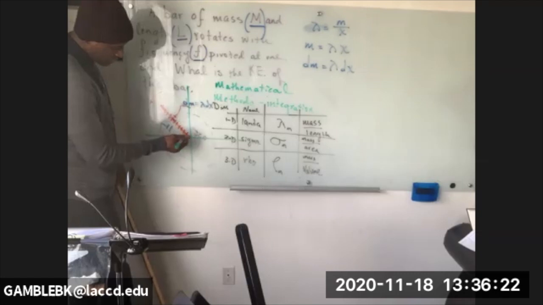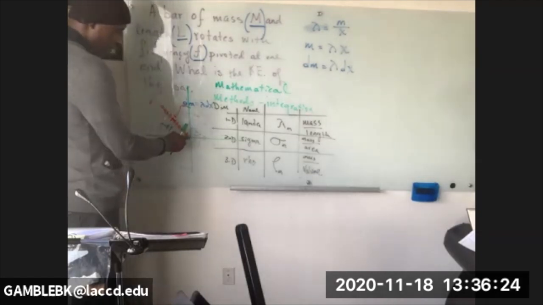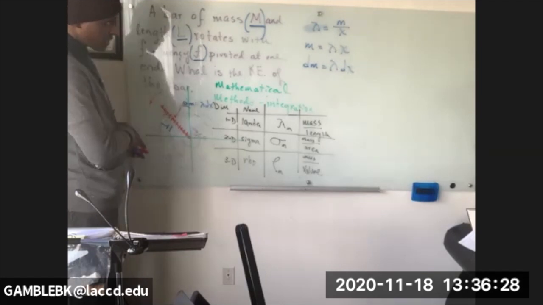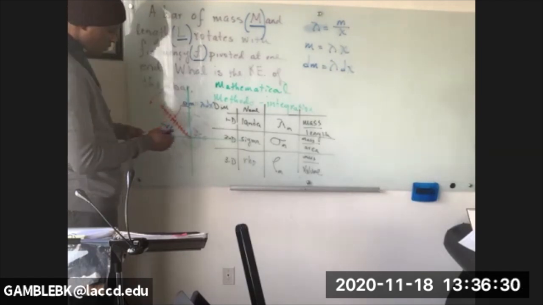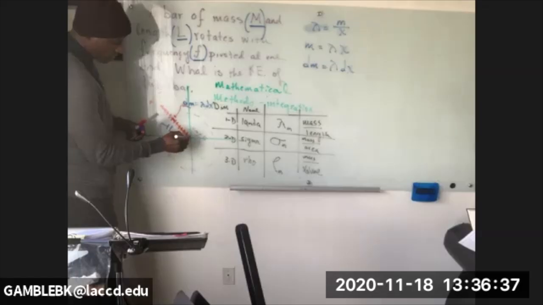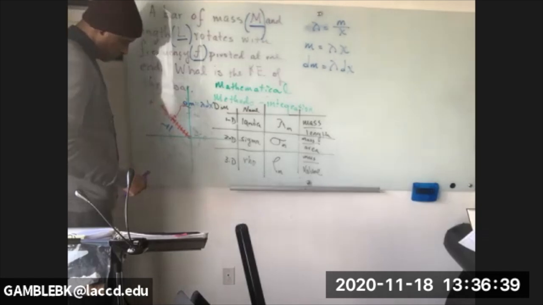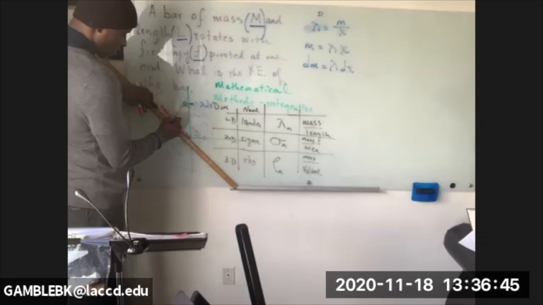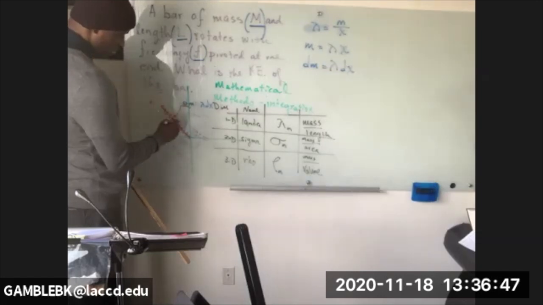In this case, the appropriate variable to use would probably be r, because it's a position. I'll just draw it right on top of that. That differential element is a position r away from the origin.